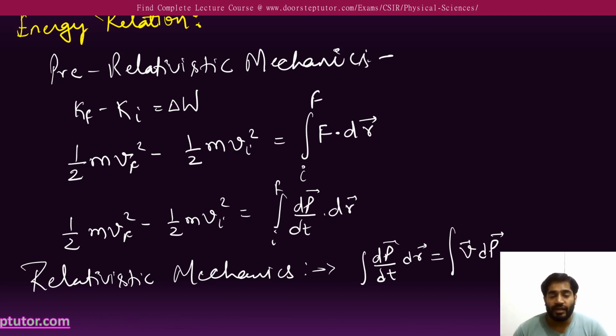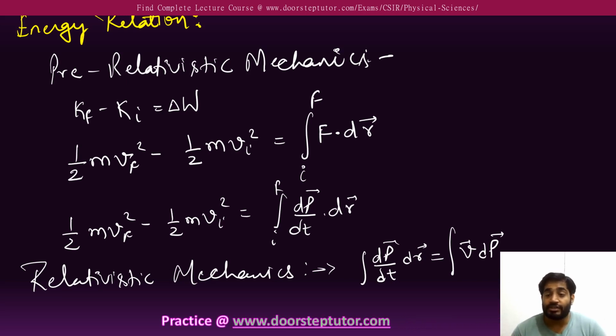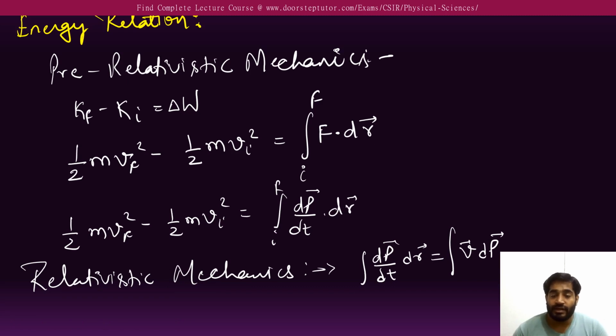When we talk about relativistic mechanics, we have already learned that when a body moves with a speed approaching the speed of light, there is a change in mass, so the mass does not remain constant. We can integrate using m and v both as variables.